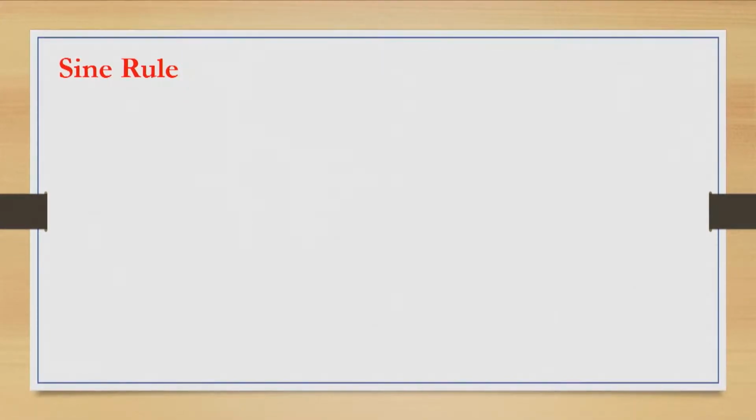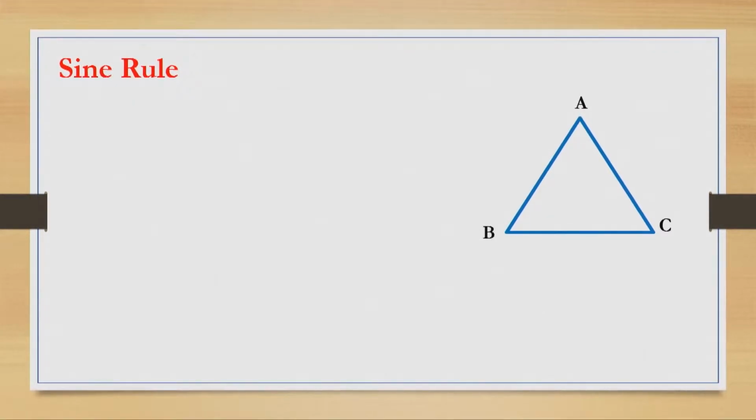What is different is that for the sine rule, and yes, the cosine rule also exists, we do not use the right angle triangle. So suppose I have triangle ABC.